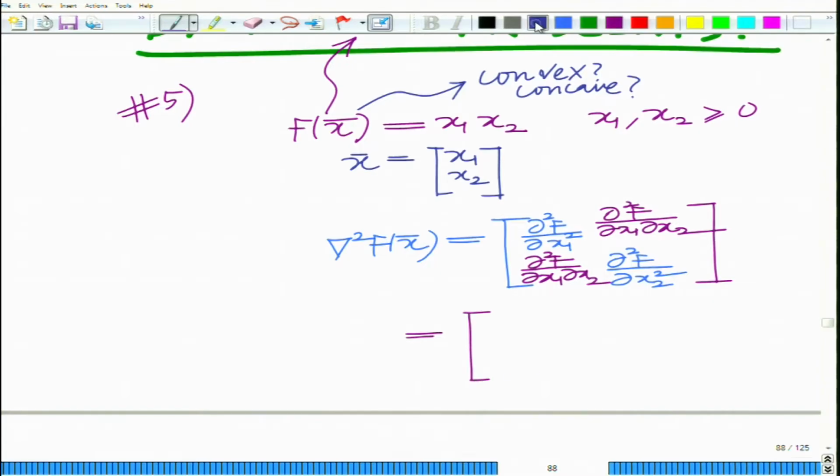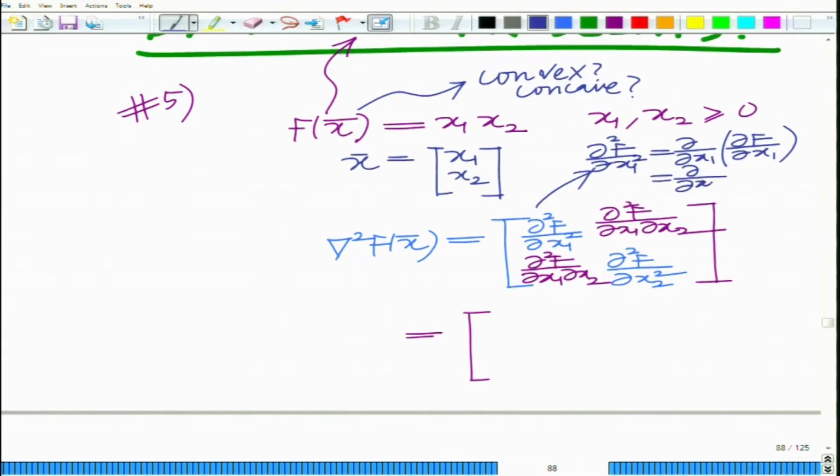and this is equal to, if you look at this, the first partial with respect to x1 is x2. So, you can evaluate this as follows: the second order partial with respect to x1 is partial with respect to x1 of the partial with respect to x1, but the partial with respect to x1 is x2.